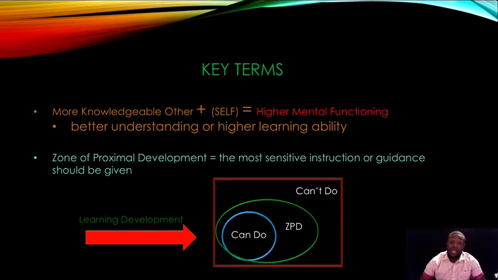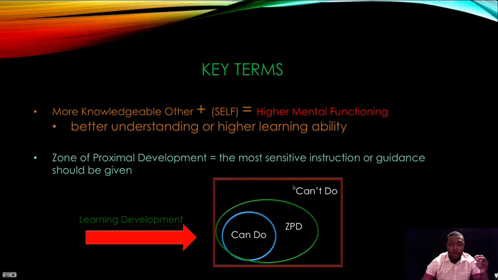Now, the second key term that Vygotsky spoke about was the ZPD, or zone of proximal development, which essentially is the most sensitive instruction or guidance, or the area where guidance should be given to the student. I took the liberty of finding an example figure that pretty much highlighted exactly what the zone of proximal development represents.